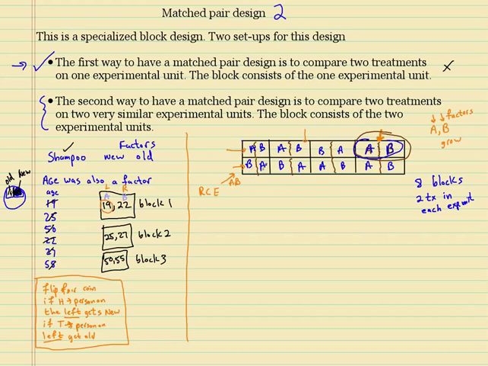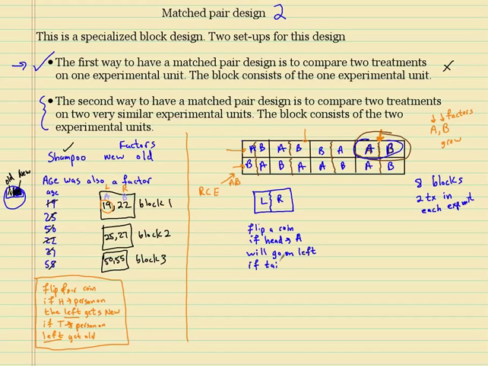Now let me explain how I randomize this. I do a little key. I'd say that's the left, that's the right. I would flip a coin. If heads, A will go on the left.